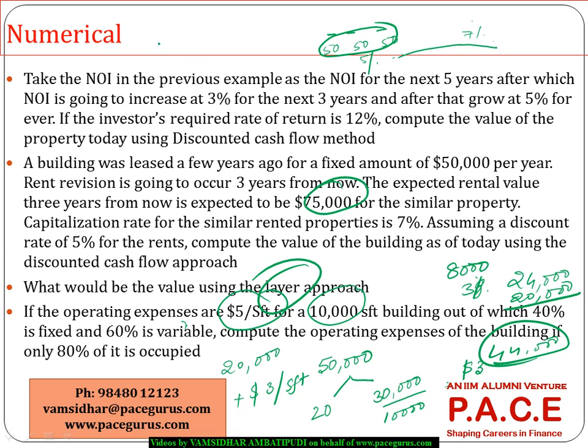So basically, if I have to see what the operating expenses per SFT are, I take 44,000 divided by 8,000 SFT only, which will work out to $5.5 per SFT. It's not $5, it's $5.5 per SFT in case the building is not fully occupied. Only 80% occupancy exists for the building.